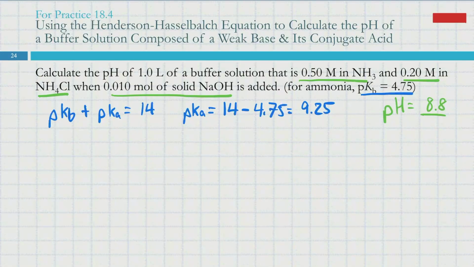So now it's going to run pretty much the same as our other buffer examples. So we're going to start with our table that's not a nice table, but looks kind of like a nice table. And if we're really neat and tidy, it will be a nice table. So we've got our NH3, we've got our ammonium chloride.